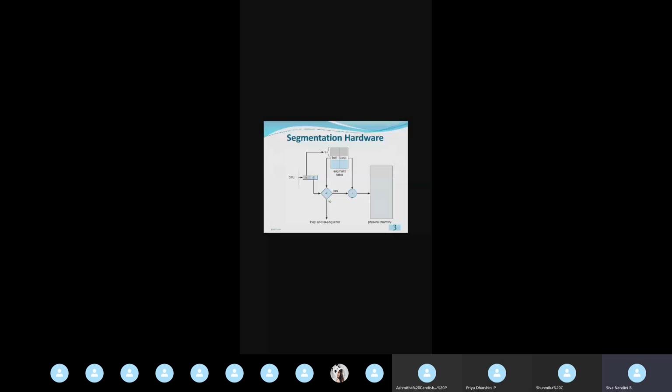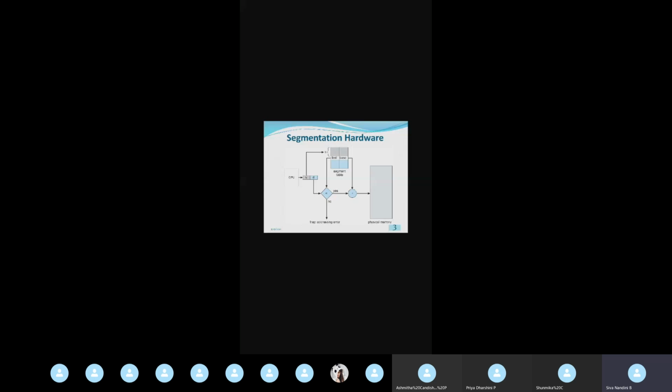The limit register content is 50, because segment 1 runs from 100 to 150, and the limit register denotes the length of that segment, which is 50. So the offset 4 is less than the limit register value 50.